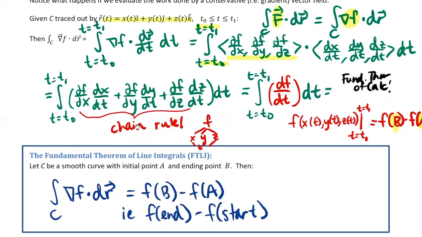And what I mean by start and end is you have some path here, just draw it. And when I'm starting, let's say we'll do it in t as well as x, y, and z. This is t is t0, this is t is t1, and we'll call the point where you start x0, y0, z0, and we'll call this point here x1, y1, z1.